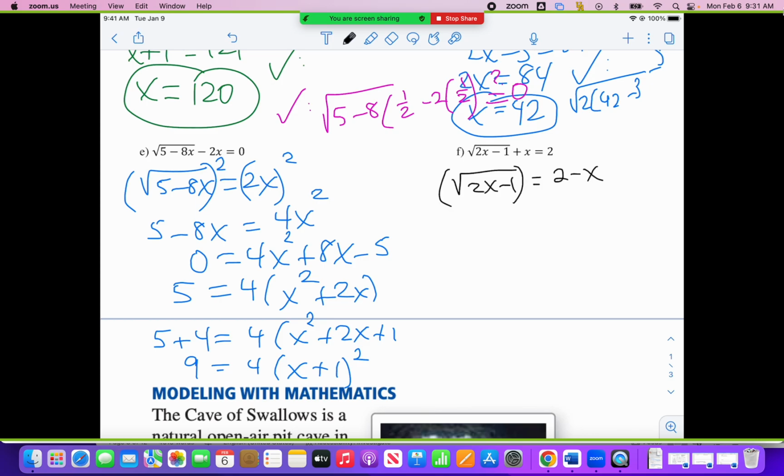I'm squaring the left side and I'm squaring the entire right side. There is no math property that says if I have C equals A plus B, that C squared equals A squared plus B squared. I'm not in Pythagorean theorem, okay? I cannot say that 3 plus 4 equals 7 is 3 squared plus 4 squared equals 7 squared.